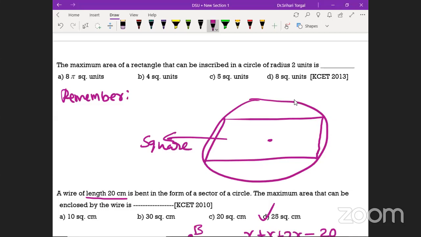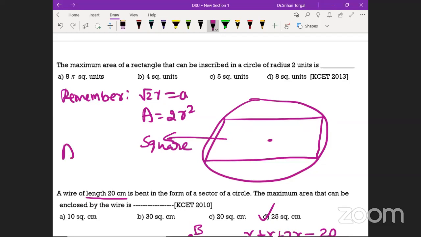The maximum area of a rectangle that can be inscribed in a circle of radius R has sides root 2 R. That is what I am telling. It should be a square with side A equal to root 2 R, and the area is 2R square. 2R square is the answer.